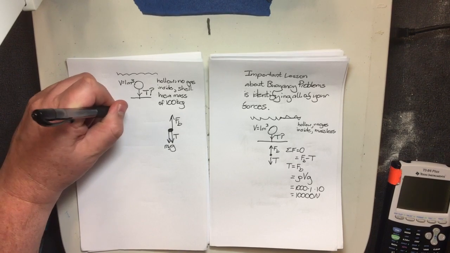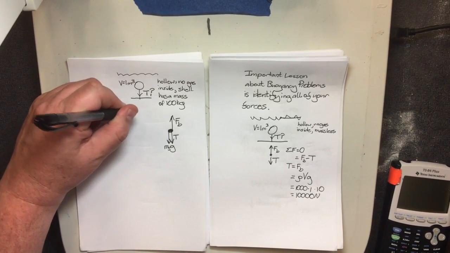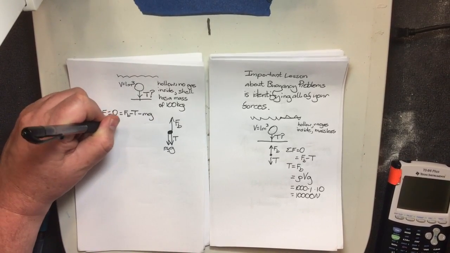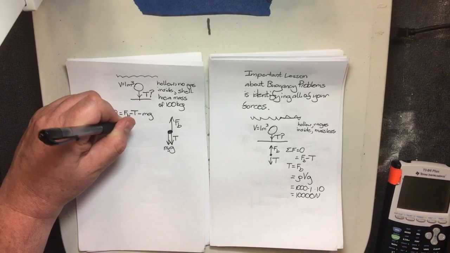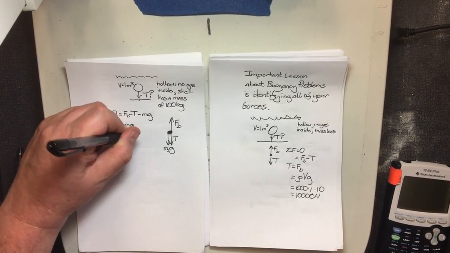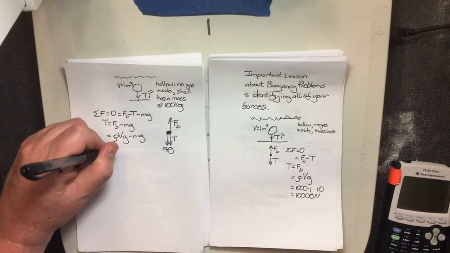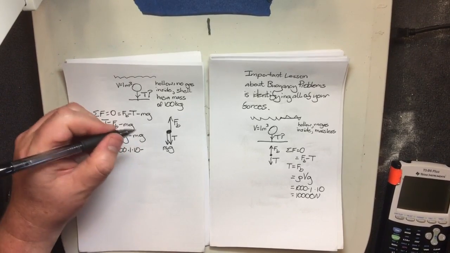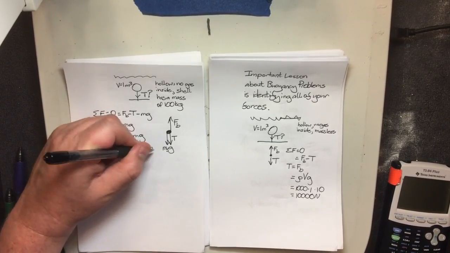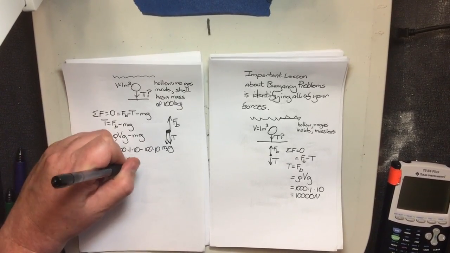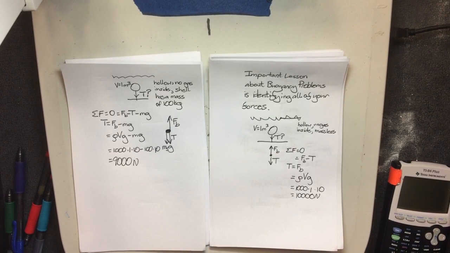So this is F_B minus T minus mg, or T is equal to F_B minus mg, rho V g minus mg, or 1,000 times 1 times 10 minus 100 times 10, or 9,000 newtons. So we're down to 9,000 newtons.